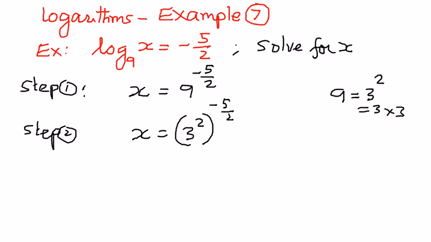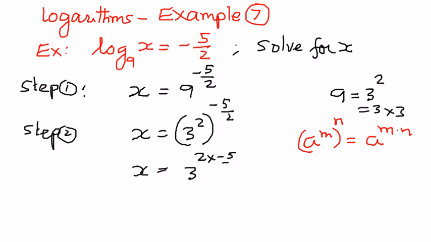Now we know one of the rules of exponents, which says that if I have an exponent raised to another exponent, we can write the base once and then multiply the powers. We're going to use that here. So x is going to be equal to 3 to the power of 2 times negative 5 over 2.